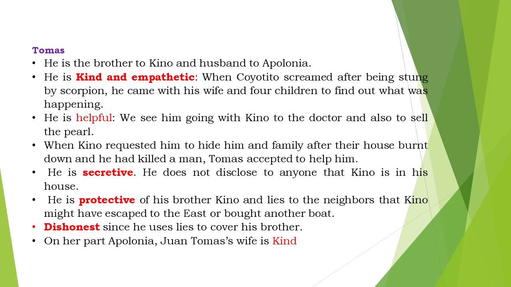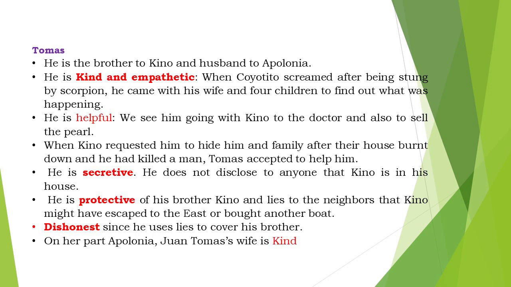Juan Tomás is the brother to Kino and husband to Apolonia. He is kind and empathetic. When Coyotito screamed after being stung by a scorpion, he came with his wife and children to find out what was happening. He is also helpful.